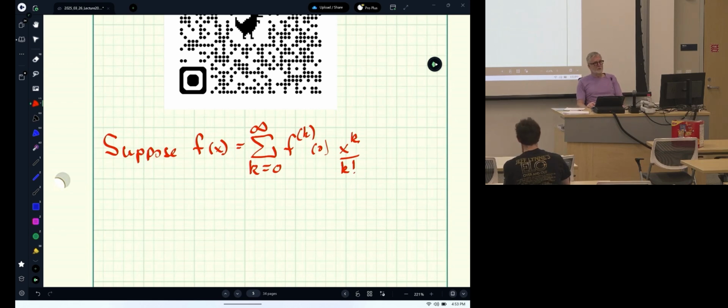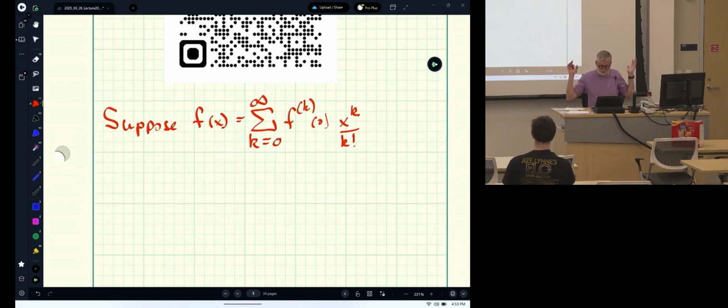Does that look familiar for a Taylor expansion? You do all the derivatives at whatever point of interest, and then it's x minus the point of interest to the power k. Once again, we did that for exponential, sine, we can do it for cosine, for logarithm 1 plus x, we can do a million things, okay?